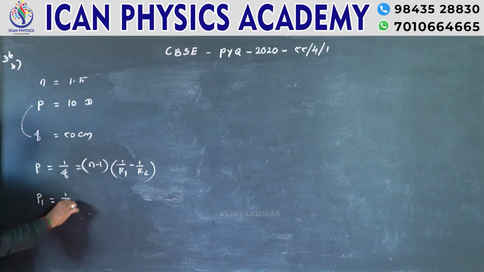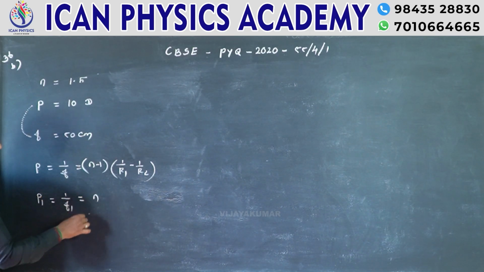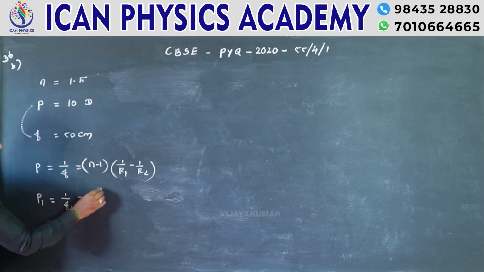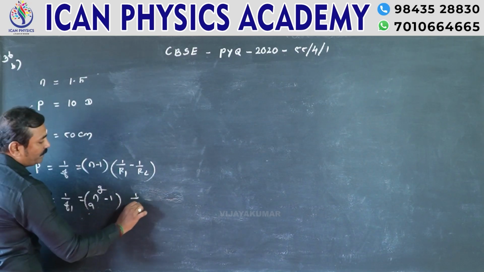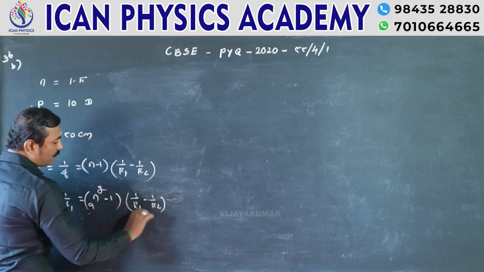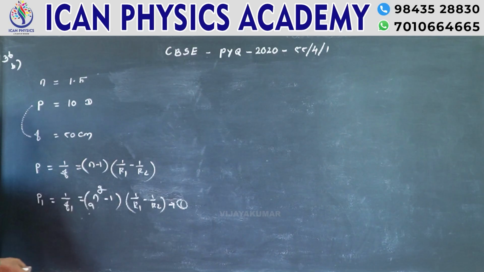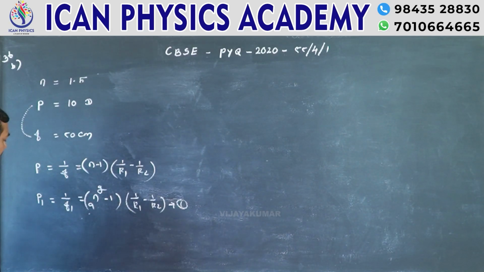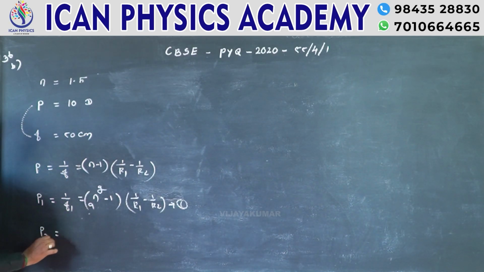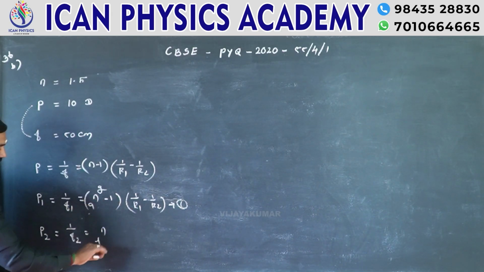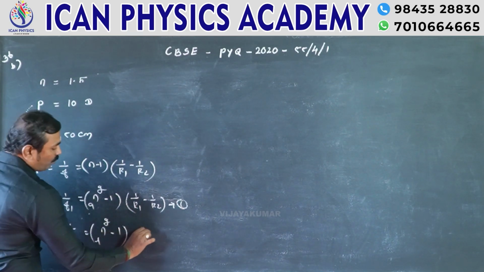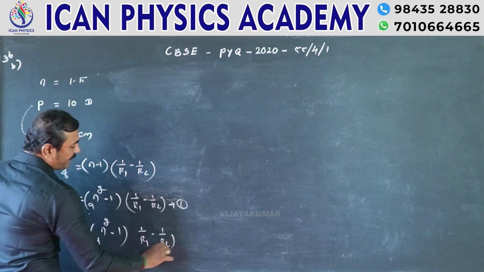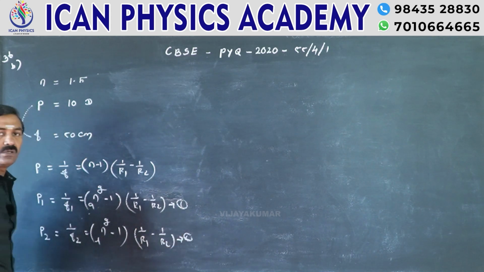That is 1 by f1 equal to (refractive index of glass with respect to air minus 1) into (1 by R1 minus 1 by R2). Now it's taken as equation number 1. When it is kept inside the liquid, the power changes. P2 equal to 1 by f2 equal to (refractive index of glass with respect to liquid minus 1) into (1 by R1 minus 1 by R2). Now it's taken as equation number 2.